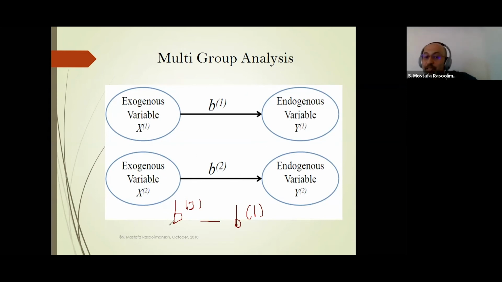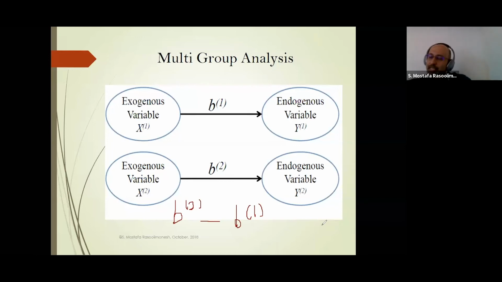If the difference between the path coefficients is significant, it means there is a significant difference, so the moderator, gender for example, is a significant moderator.